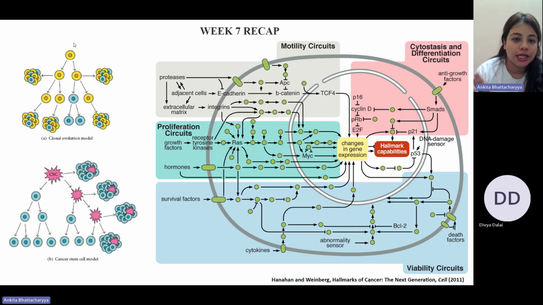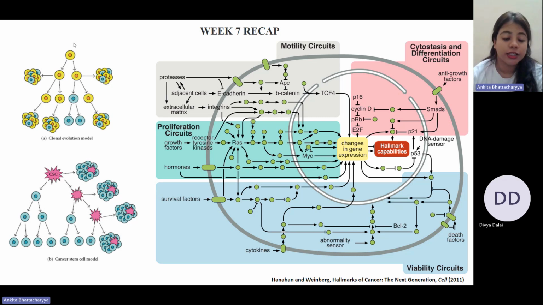So each of these circuits is very broadly classified, under which you have multiple mediators. For example, in proliferation circuits, we have growth factors, which are working through, say, receptor tyrosine kinase. One example would be EGF, epidermal growth factor, that works through receptor tyrosine kinases via the RAS oncogene and mediates the expression of MYC and many other genes which will confer hallmark properties.